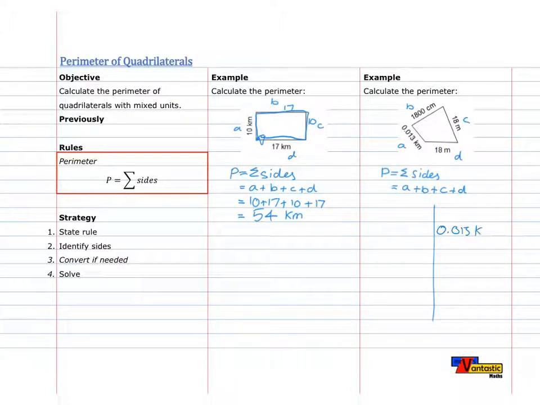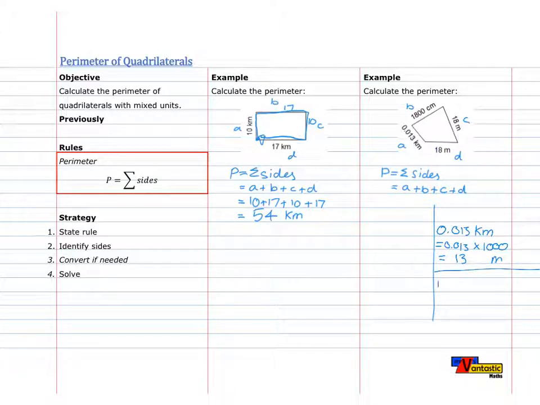0.013 kilometers. If we want to convert that into meters, we're going to have to take that number and multiply it by 1,000 to turn it into meters. Now 0.013 times 1,000 is going to give us 13 meters.